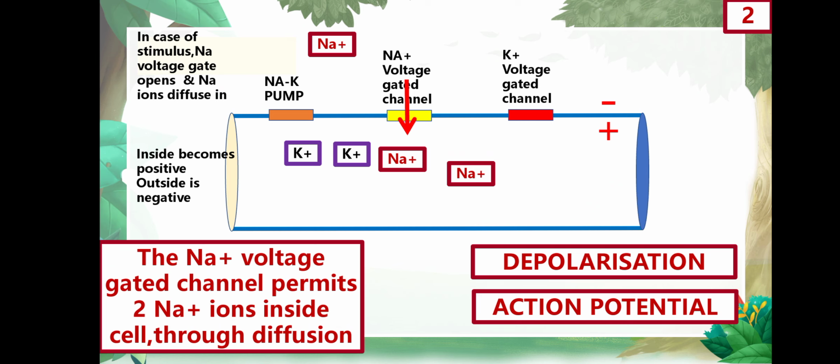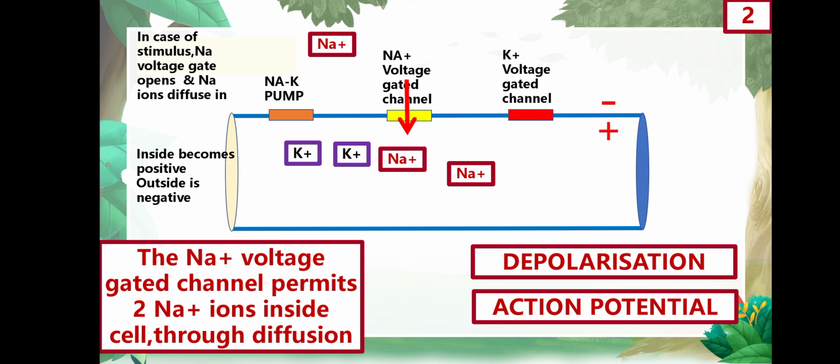Now the sodium voltage gated channel permits sodium ions to come inside the cell through diffusion in case of a stimulus. Remember that this situation is known as depolarization, because the polarized situation has changed, and the potential is now known as the action potential.